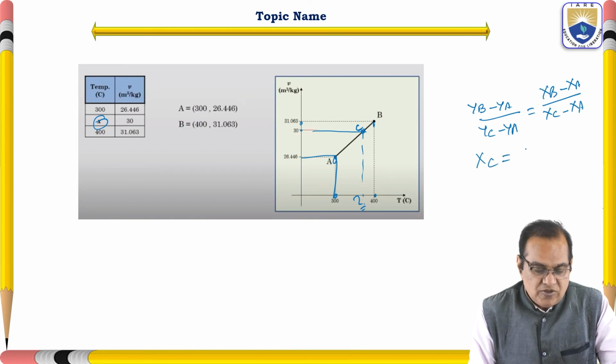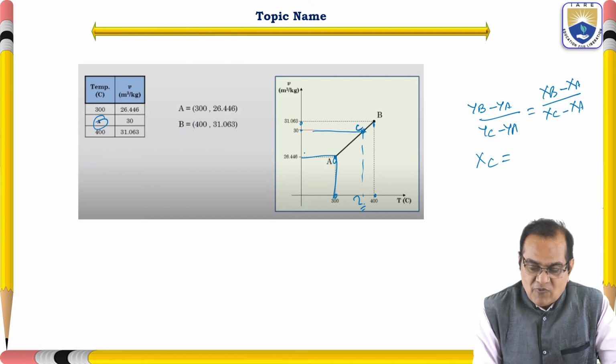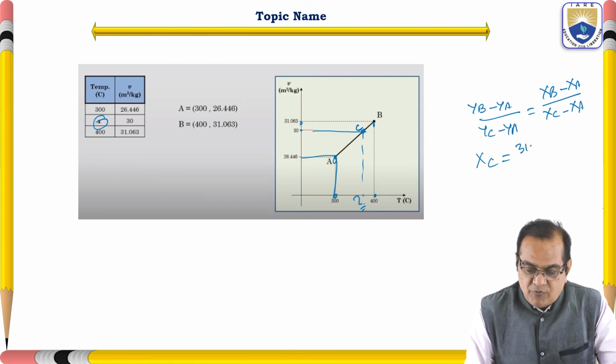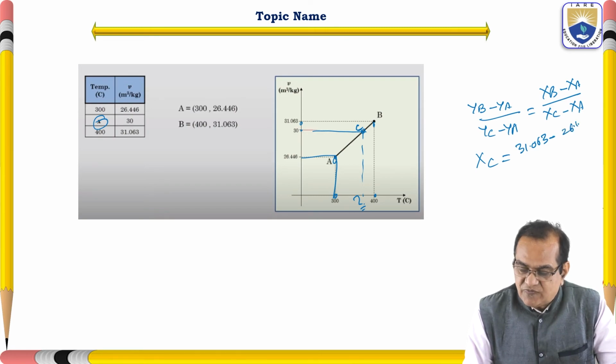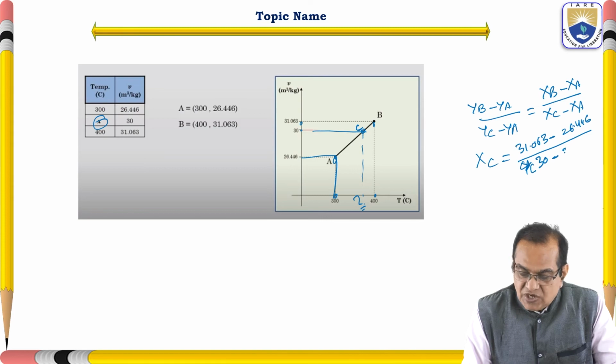I can write here X value is, Y is this: 31.063 minus YA, which is 26.446, divided by YC, where C is 30, it is given, 30 minus 26.446.